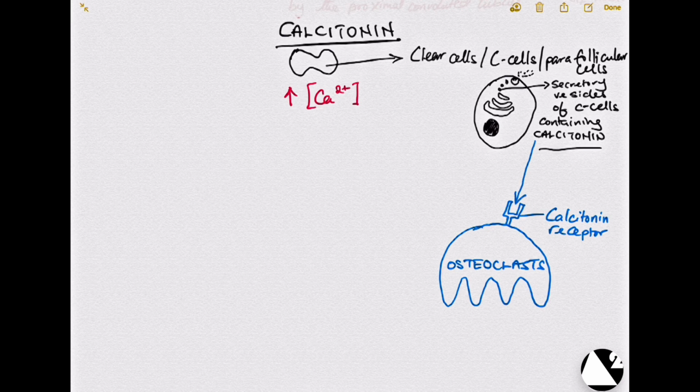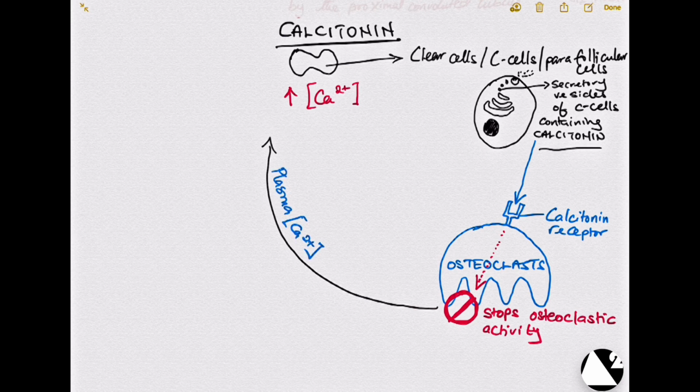The binding of calcitonin to receptors on osteoclasts inhibits osteoclastic bone resorption, or osteoclastic activity, so the destruction of, or the dissolution of, crystallized bone. This in turn brings plasma calcium concentration back to the physiologically acceptable range.